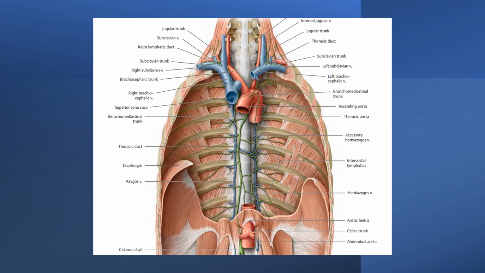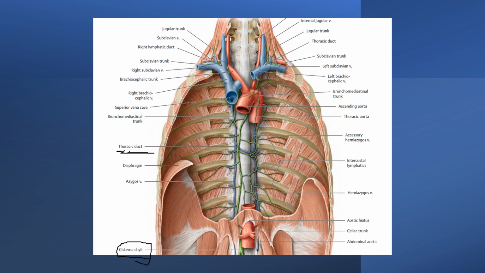Now, guys, as you can see in this diagram, this is the cisterna chyli. From here the thoracic duct begins. This is the thoracic duct, and as you can see, it ascends in the thorax, passing through the inferior mediastinum, posterior mediastinum, and superior mediastinum to enter the heart level.